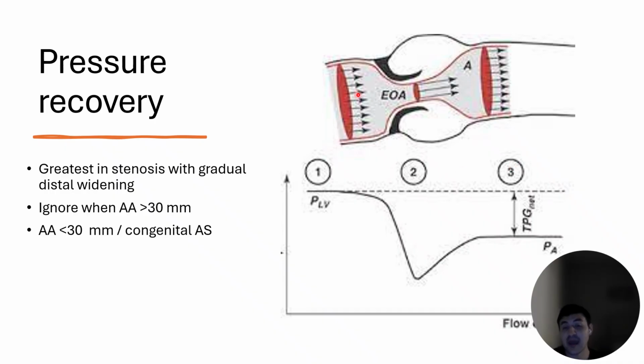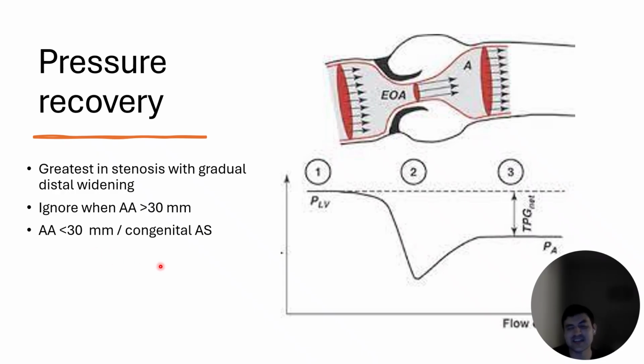So that is why echocardiography sometimes measures at point 2, and that is an overestimation of the gradient. And when you go to the catheterization, the gradient is not that high, because you measure the true gradient between point 1 and point 3. Take this into consideration, especially when the ascending aorta is less than 3 centimeters.